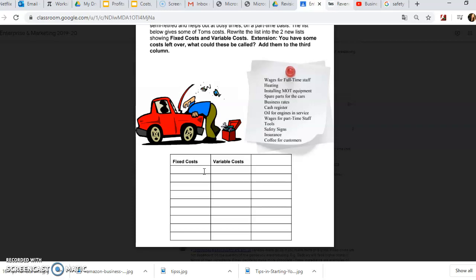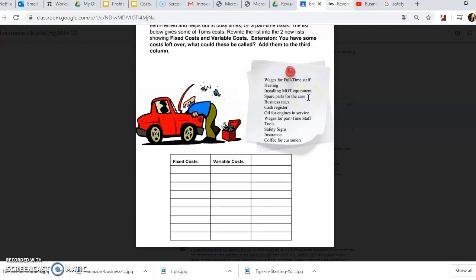I would count that as a variable cost, although it is quite ambiguous, because this mechanic is providing a service depending on the number of people that come to get their cars fixed. Then we've got spare parts for the cars, that would also be a variable cost.